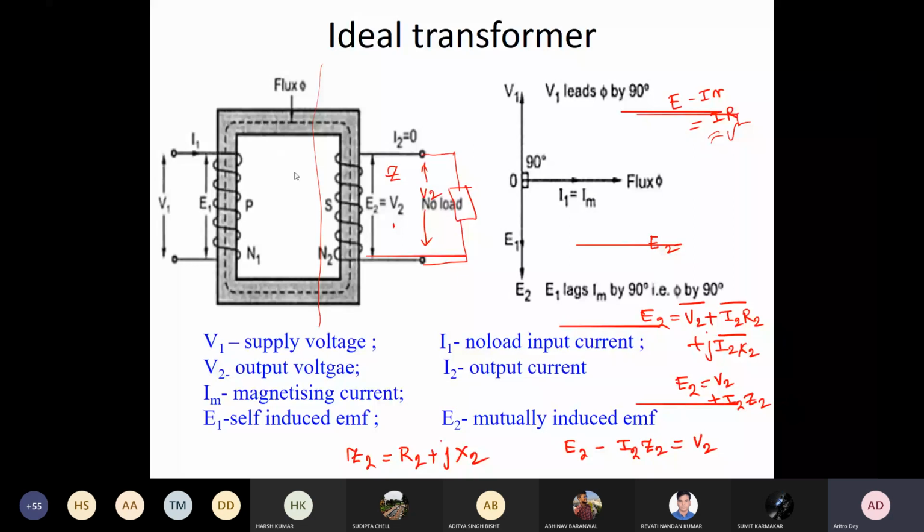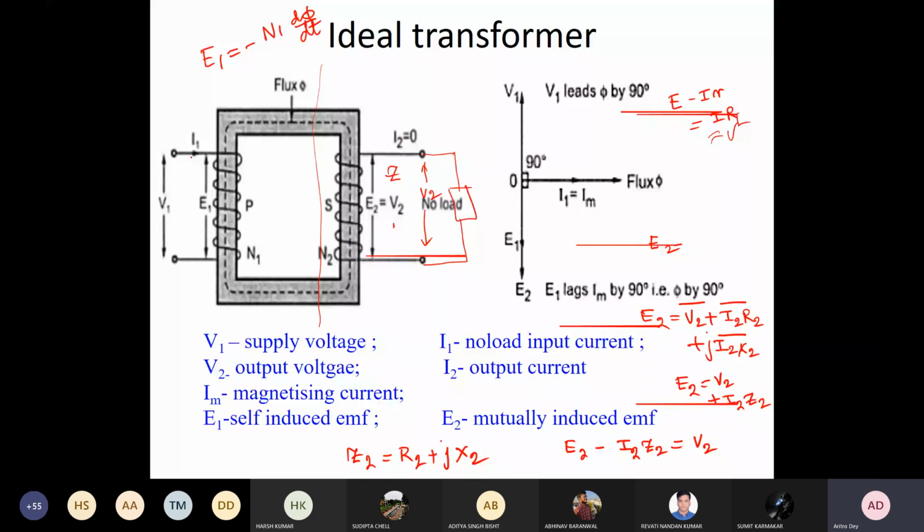So as per Lenz's law, which indicates that E1 is equal to minus N1 d phi by dt, it should have a polarity which is trying to oppose your V1, trying to oppose the flow of current.